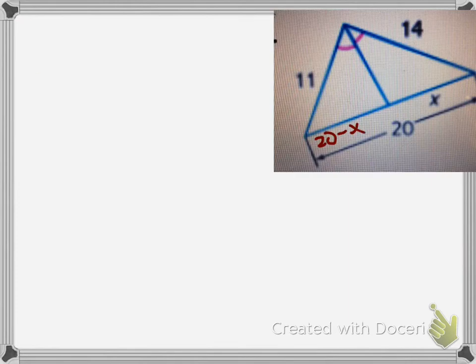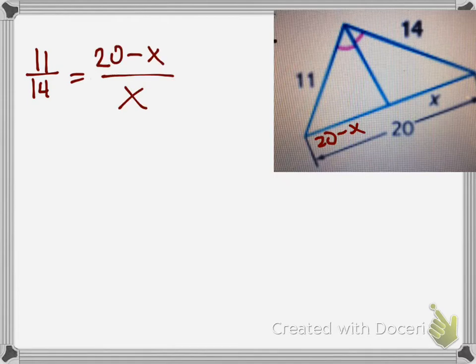Here's another one that's a minus x one. Notice how I give you a total, and then I give you a little portion, and you've got to subtract. Setup's the same, 11 over 14, x over 20 minus x. Ooh, I almost messed up. Hold up. Okay, so actually I should have had 20 minus x with the 11 and x with the 14.